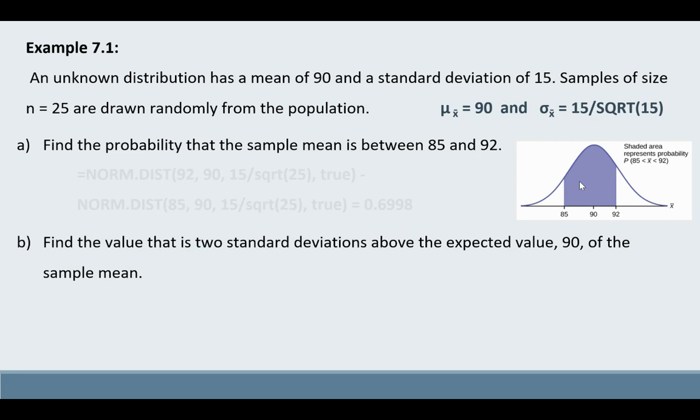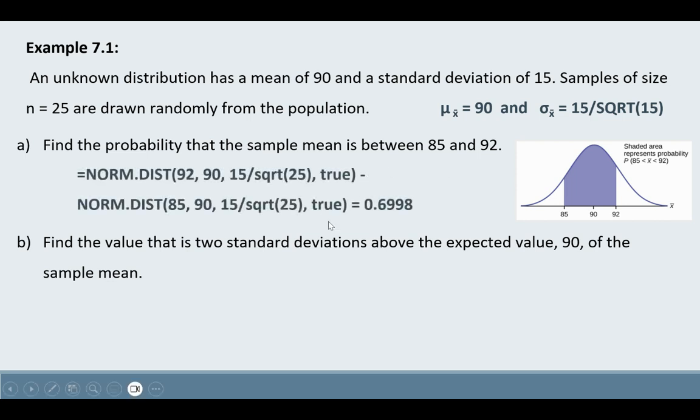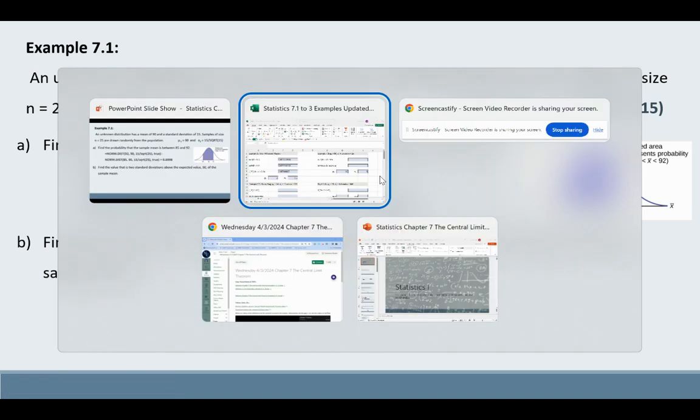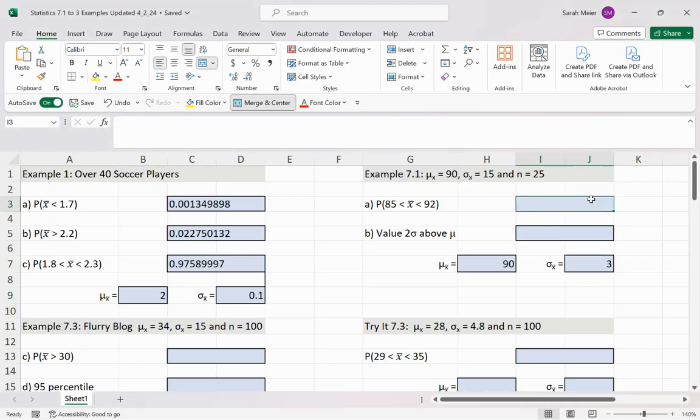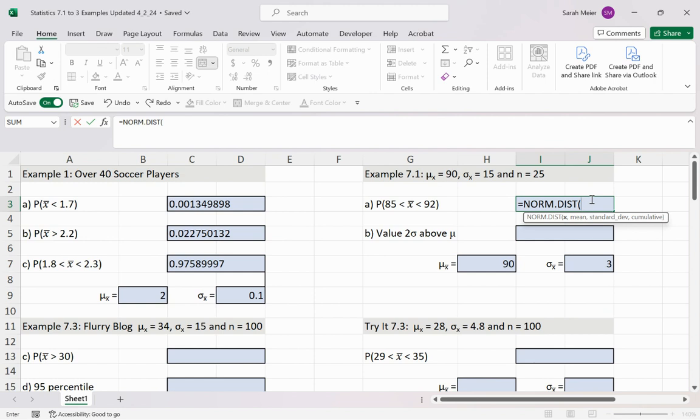All right, so we're going to do that same thing we did before. If we go over to Excel and type it in, it's going to be norm.dist with 92. We're going to have 90 as our mean for our sample means, 3 as our standard deviation for our sample means, and the word true, minus the normal distribution with the smaller number, 85, 90, 3, true.